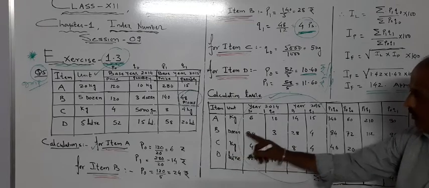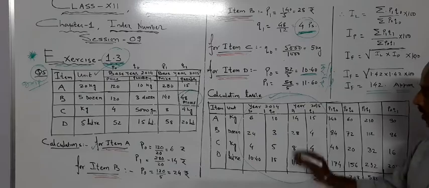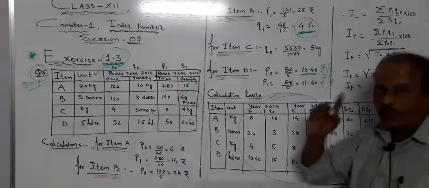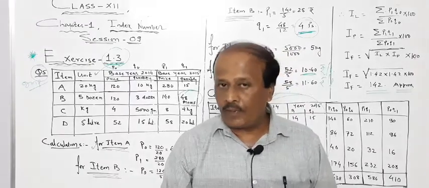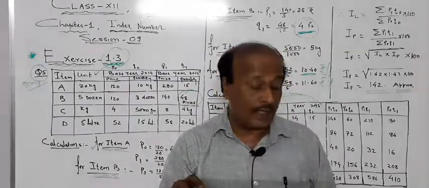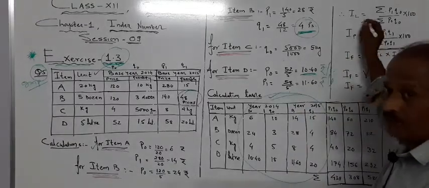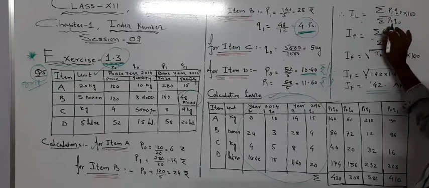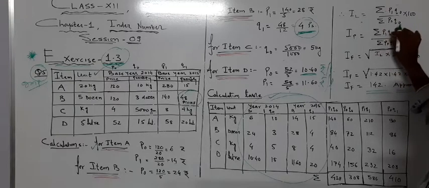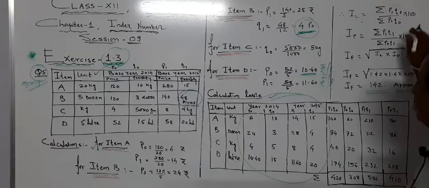Use the calculation and convert everything according to that calculation. So after doing this, recall your memories and remember the formula. What was the formula for first of all, IL? The formula for IL, which I told you earlier, was sigma P1 Q0 divided by sigma P0 Q0 multiplied by 100.